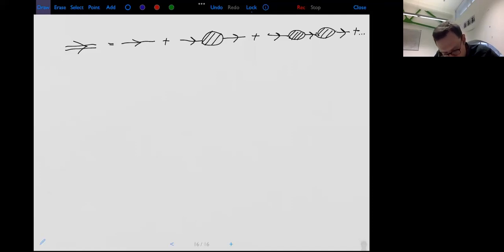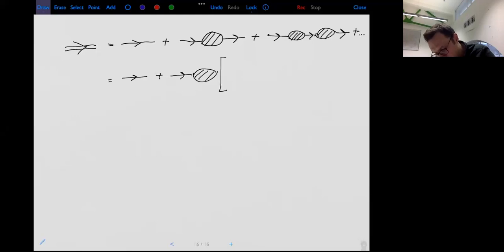What is interesting is that I can write this series in the following way. I can sort of disconnect this part with the G0 line and the self-energy, and put everything else into this bracket.